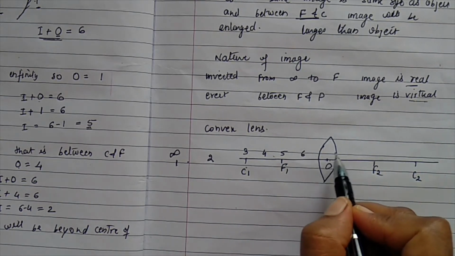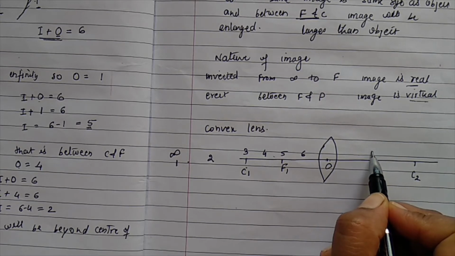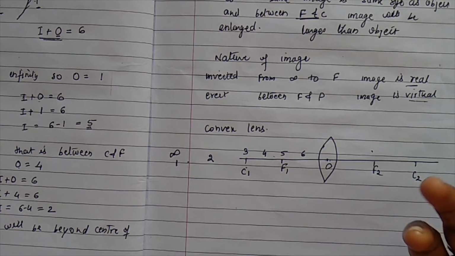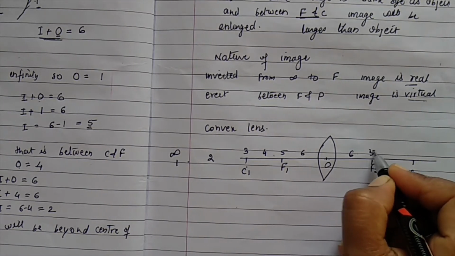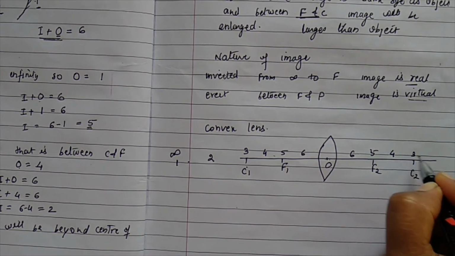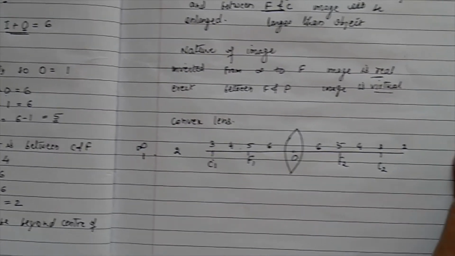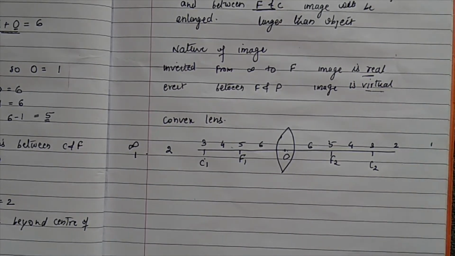Now, as there is nothing like behind the lens, the numbering will be reversed: 6, 5, 4, 3, 2 and this side it will be 1.